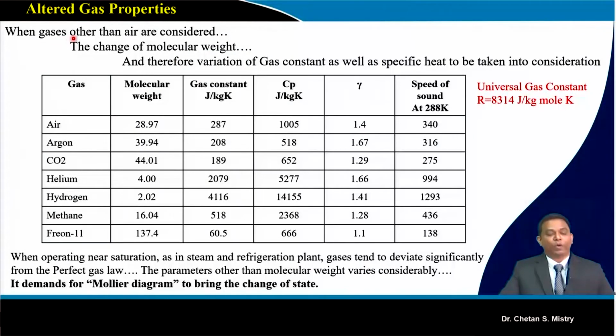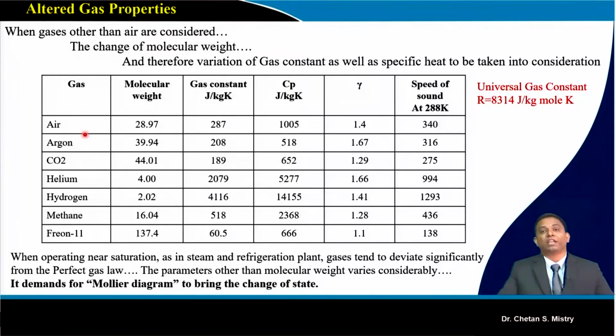When gases are other than air, there will be a change in your molecular weight, and that's the reason why you will have variation in your gas constant as well as variation in your specific heat. Here, if you look at this table, it represents different kinds of gases that people are using these days.